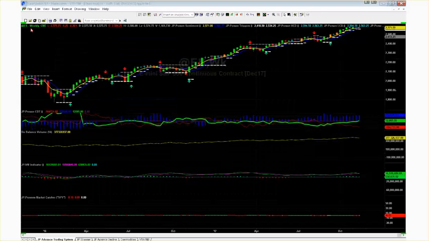Since approximately last year, which was the beginning of December, the small speculator has been short this market. If we take a gander, they've been short this market up until Tuesday's close.